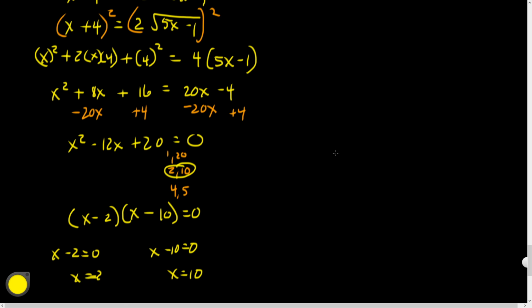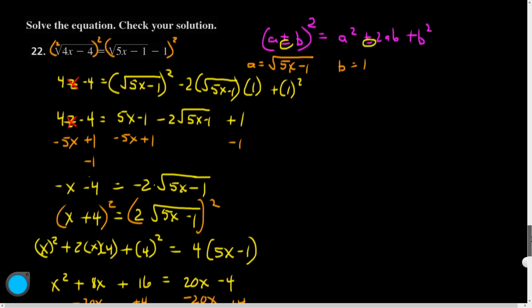Now, all of this work done, and I don't know if either of these are legitimate answers. I've got to do a check, and this is a mandatory check, because it's possible, even though I assume I didn't make a mistake besides this one, it's possible that we are wrong, that some of these solutions can be extraneous.